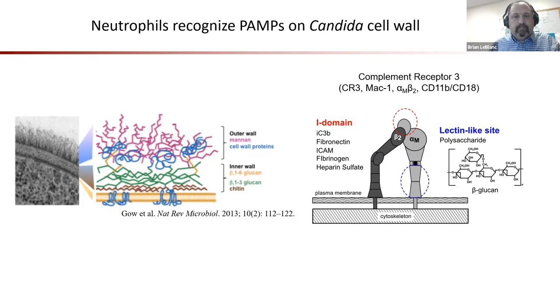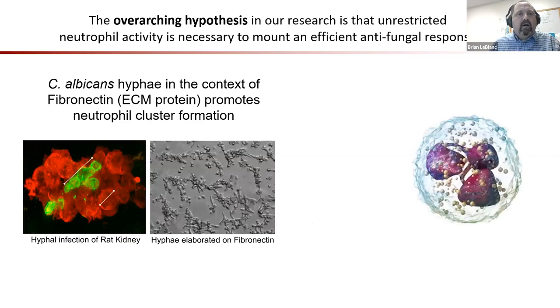So the overarching hypothesis of my lab, or at least my field of study, is looking at neutrophil activity. Enhancing neutrophil activity is important in order to mount an efficient antifungal response.